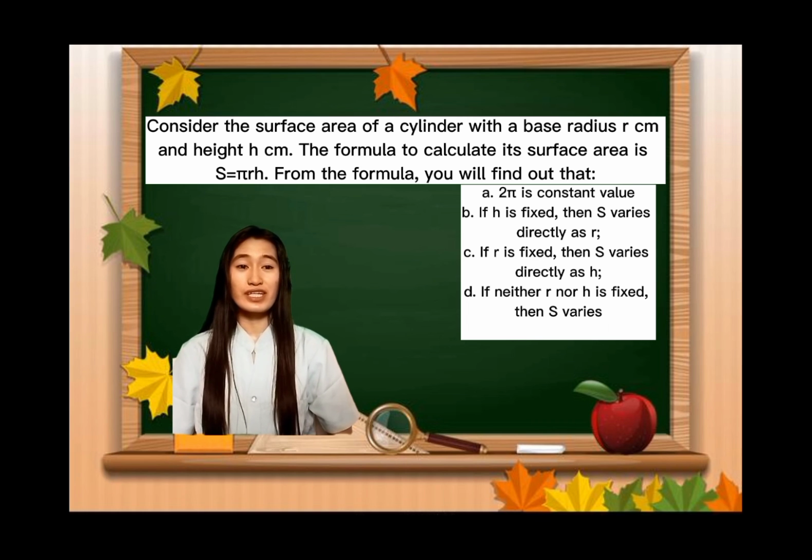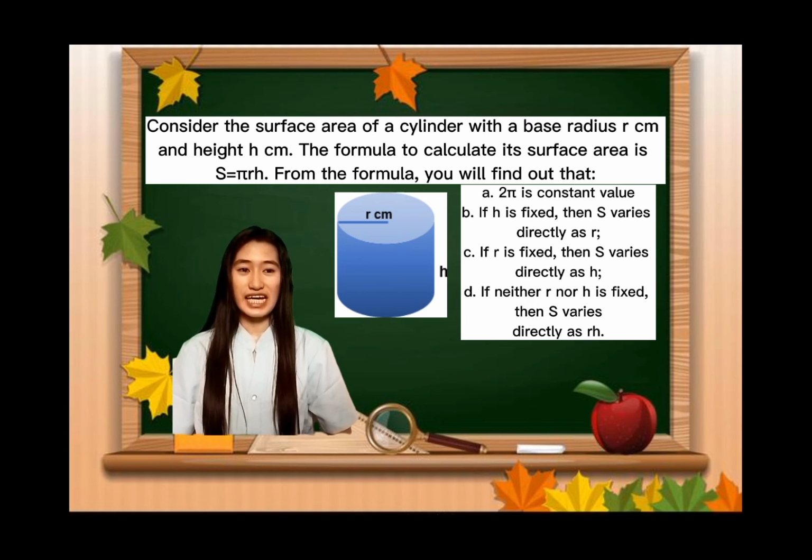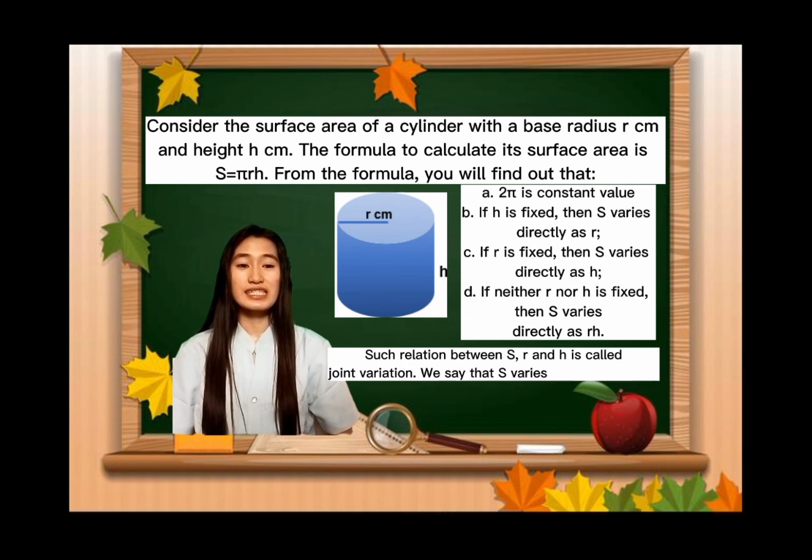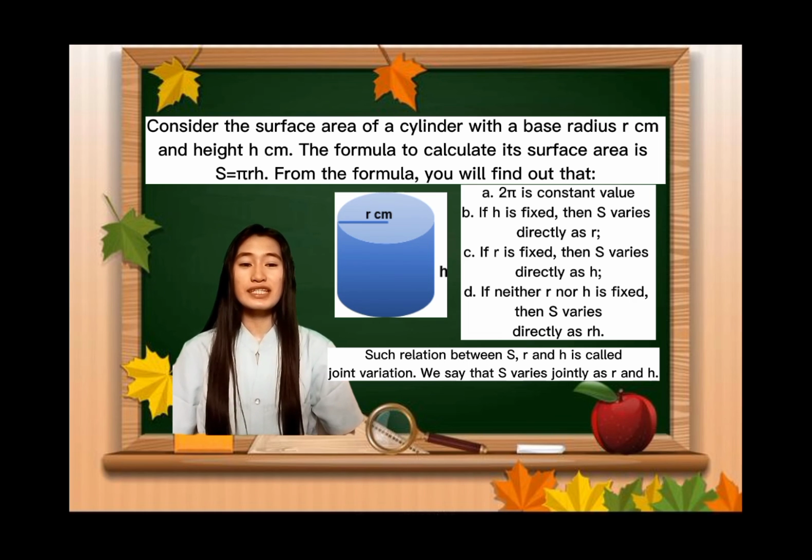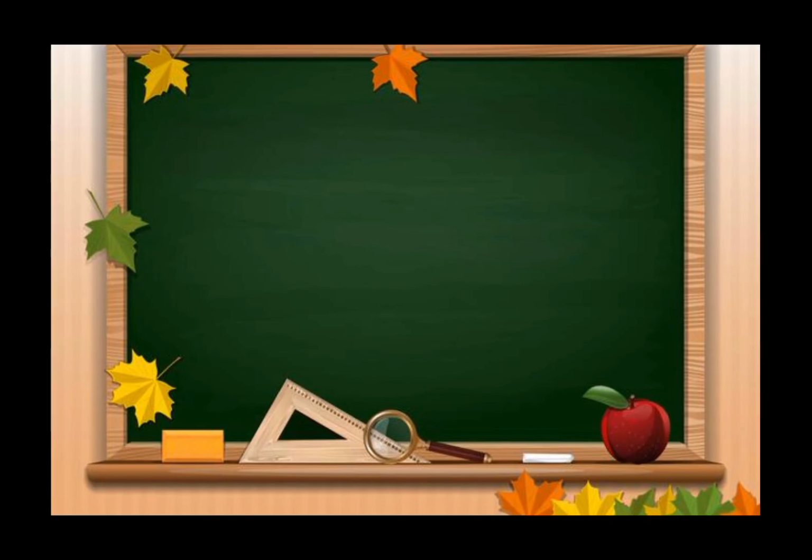If r is fixed, then S varies directly as h. If neither r nor h is fixed, then S varies directly as rh. Such a relation between S, r, and h is called joint variation. We say that S varies jointly as r and h.